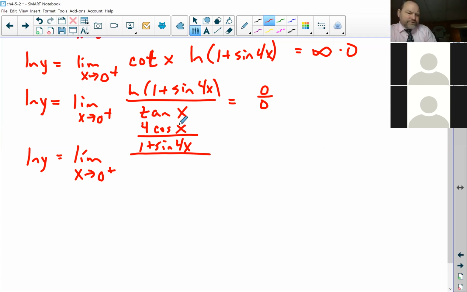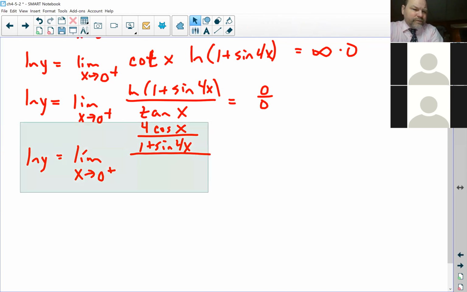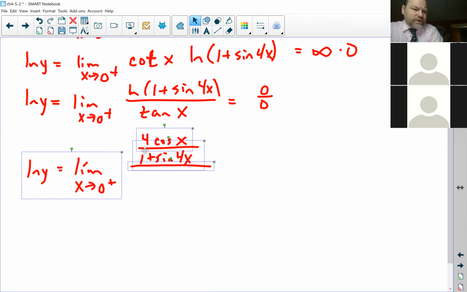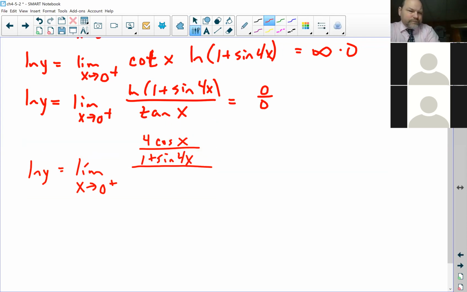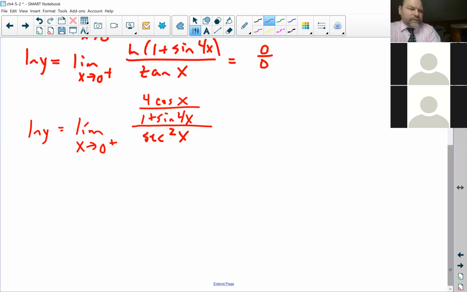For cosine x. I'm going to move that just a little bit. The derivative of tangent is secant squared. If I try to simplify this, cosine at 0 is 1.